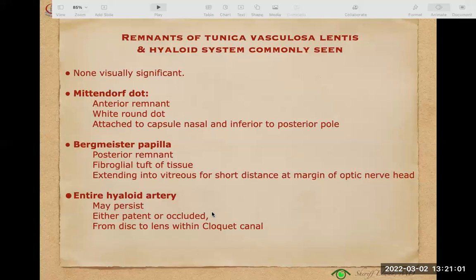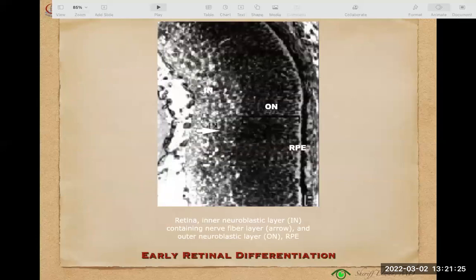Of course, it's bloodless, it has no blood in it, but has sort of a canal inside called the Cloquet canal. So the remnants of the vasculature around the lens that disappear at birth might leave behind the Mittendorf dot, the Bergmeister papilla, and/or the entire hyaloid artery.